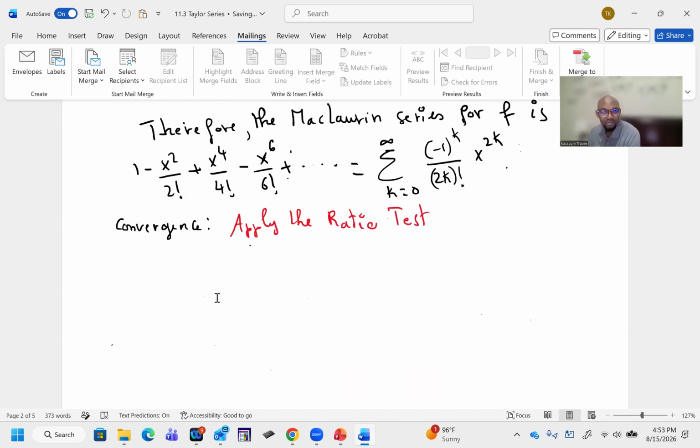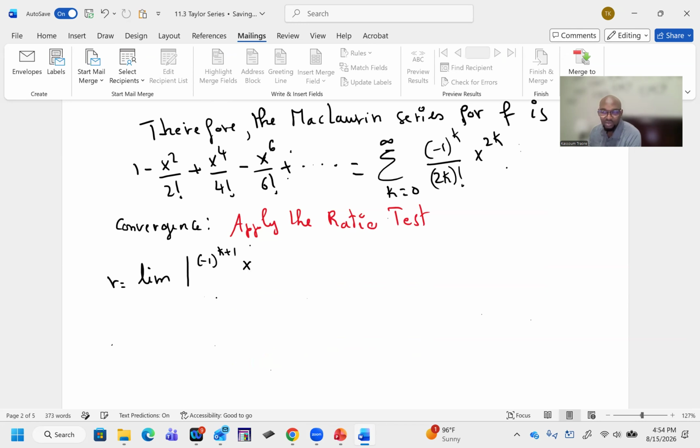So again, the ratio test said what? R is equal to the limit. These are my a sub k. So a sub k plus 1, which will be the absolute value of that, will be what? Negative 1 to the power of k plus 1, right?